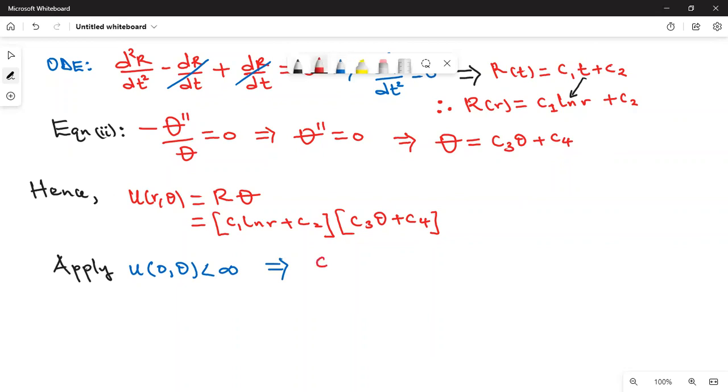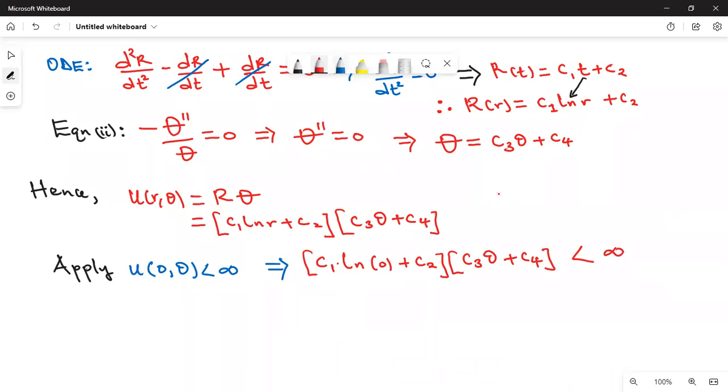So we are going to get C1 ln 0 plus C2, then times the other one, C3 theta plus C4. The value we get here should be less than infinity.